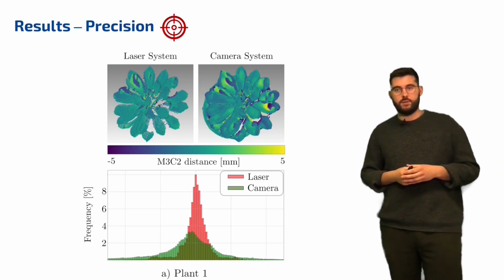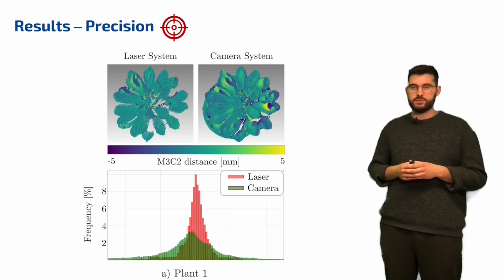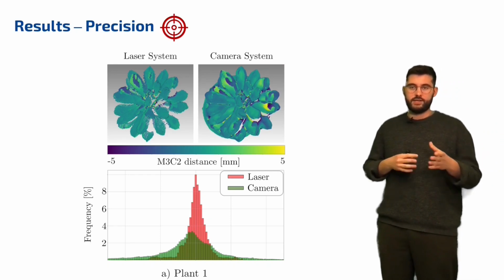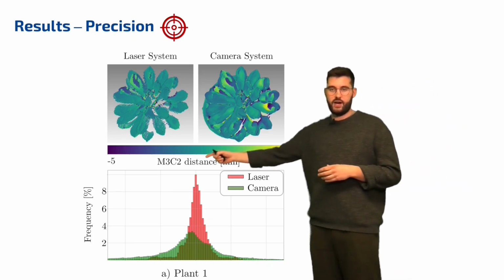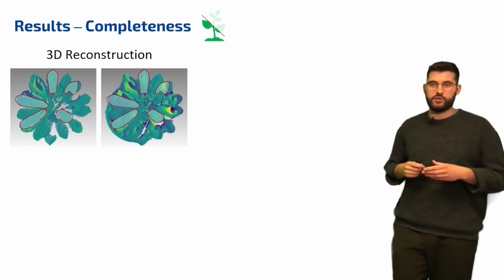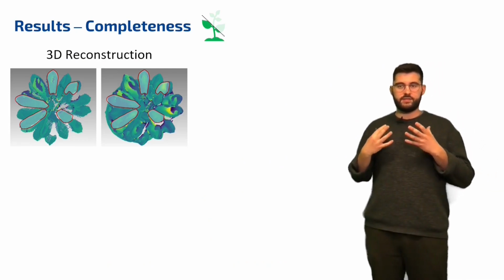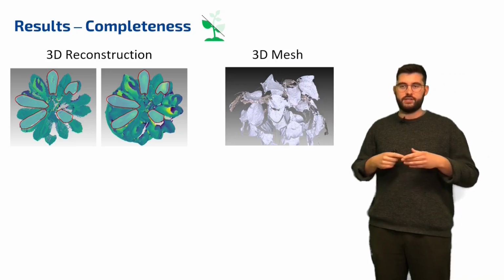This is now the result for the analysis of the precision. So we computed the point cloud distances with respect to the ground truth scan for the laser and camera system, and we have here distances between -5 and 5 centimeters. For the completeness, we decided to extract 5 example leaves out of this model, and then we created a 3D mesh.